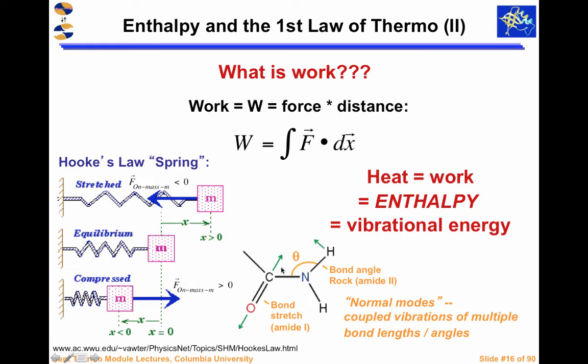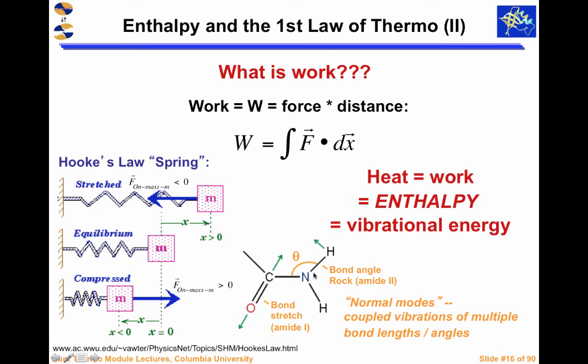And so because there's a restoring force on every one of those lengths and angles, those things all get coupled together mathematically, and what you see in complicated molecules are collective vibrations involving multiple atomic coordinates. These are called normal modes, coupled vibrations of multiple bond lengths and angles.